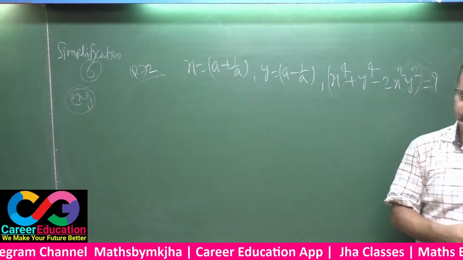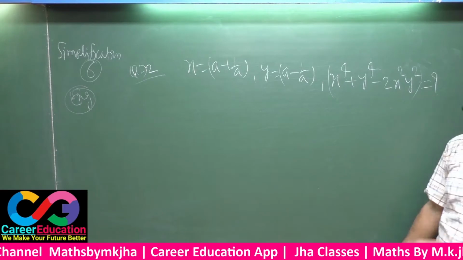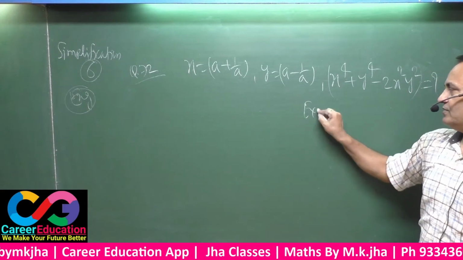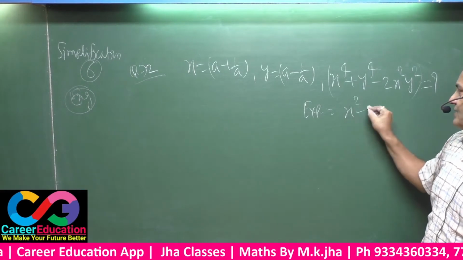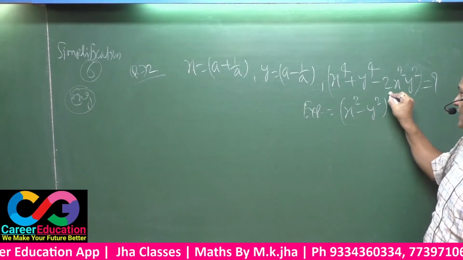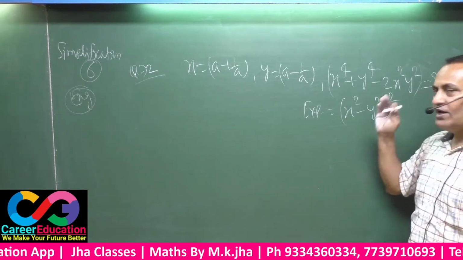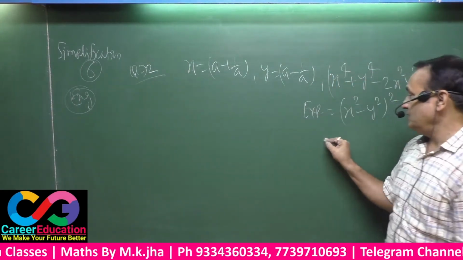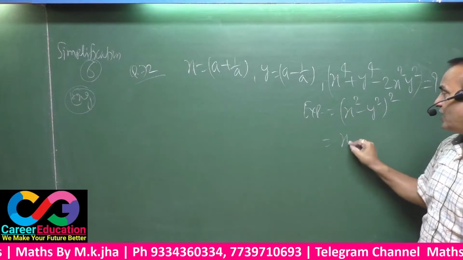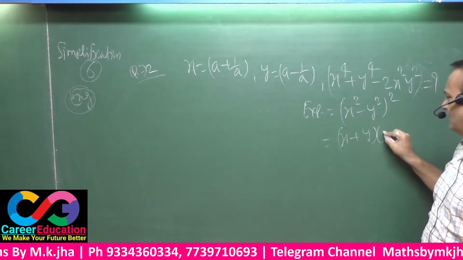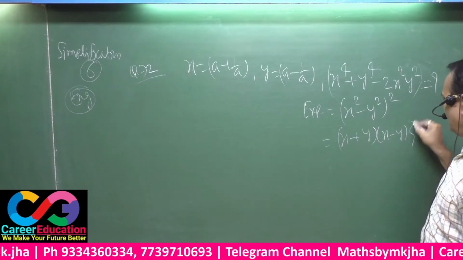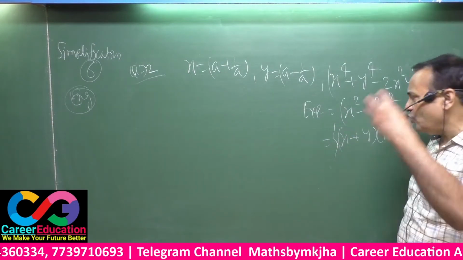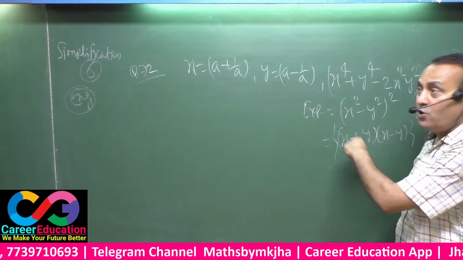See, this expression is just like x square minus y square whole square. Now, x square minus y square is only (x plus y)(x minus y), whole square. That means the question indicates that you have to find out the value of x plus y and x minus y.